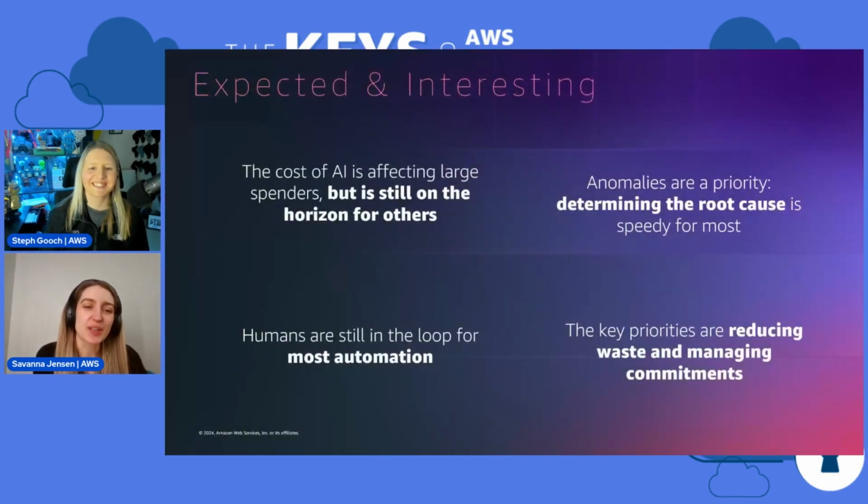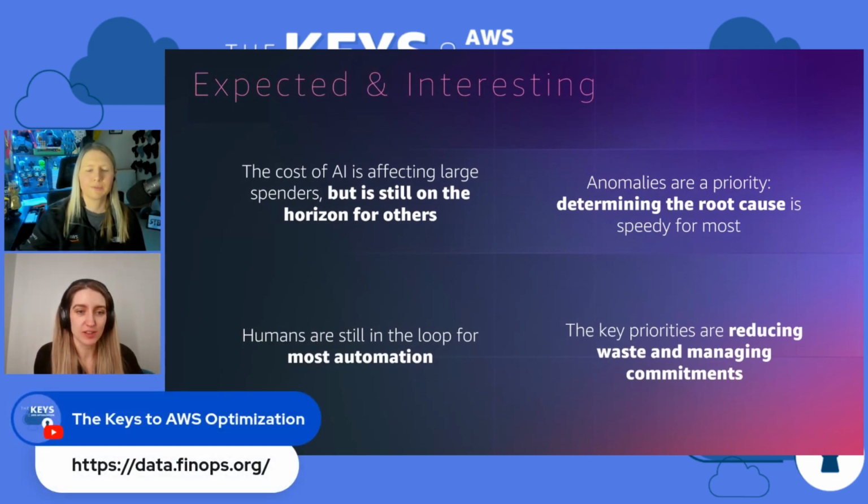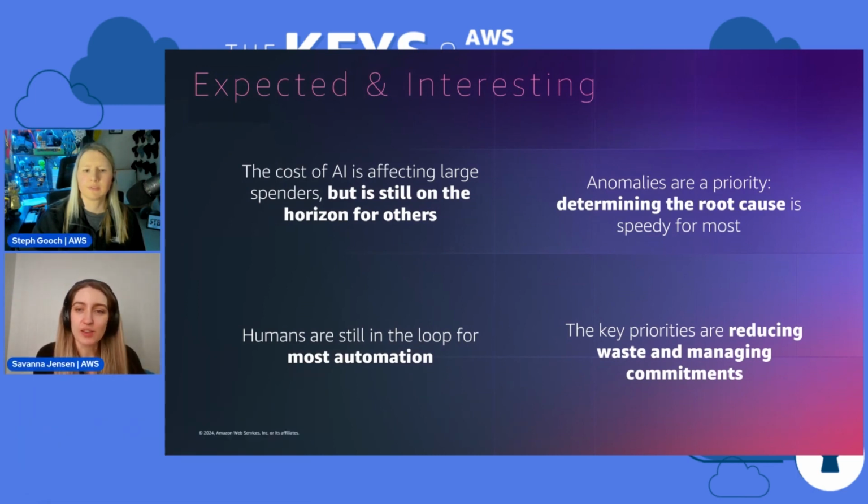These are the ones that I think were a little bit more expected. At least I was not super surprised to see them, but they are still interesting for sure. I don't know if you've seen this in the work that you do, or what we saw at reInvent, or just talking to the community, but the ability to dive into Gen AI and AI in general is varied throughout the ecosystem.